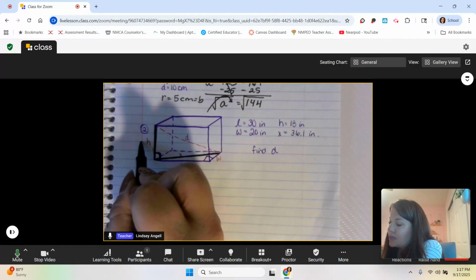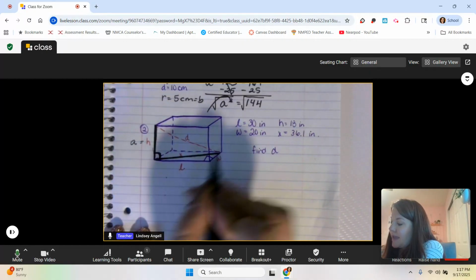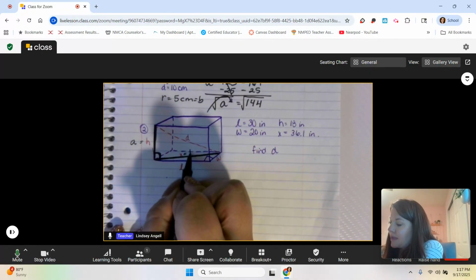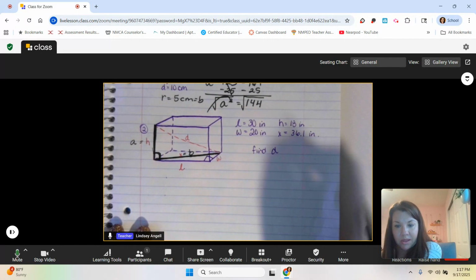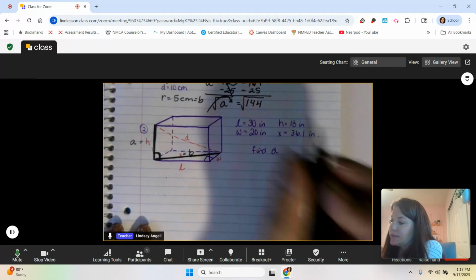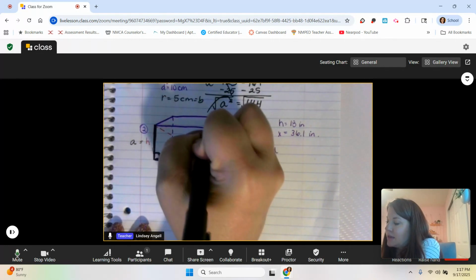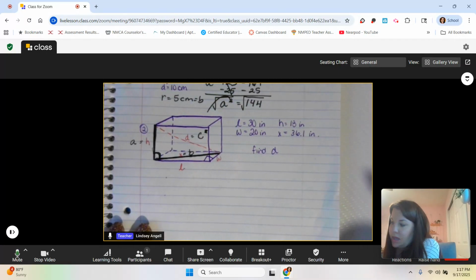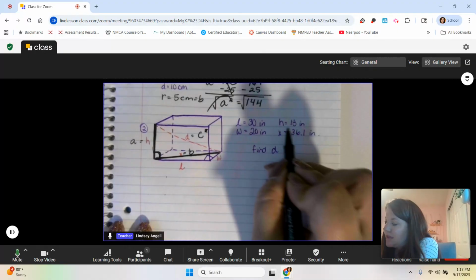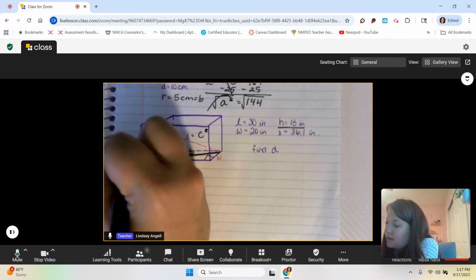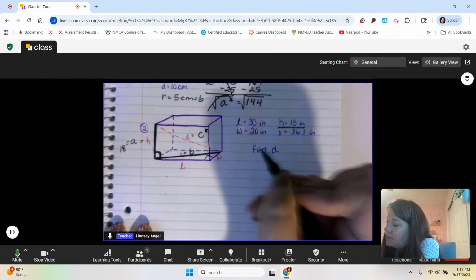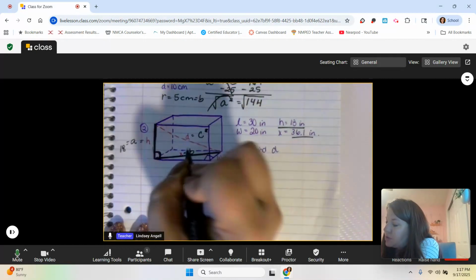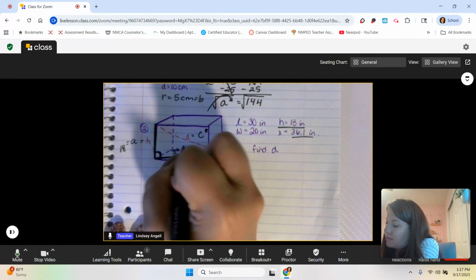So H, I can say that's equal to a. X, I'm going to make equal to b within my formula, right? A squared plus b squared equals c squared. And D is equal to c within my formula. Well, I'm told that H is equal to 18. I'm told that X is equal to 36.1.